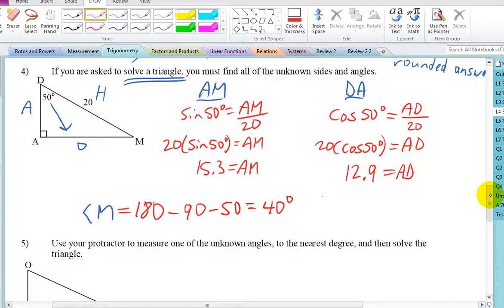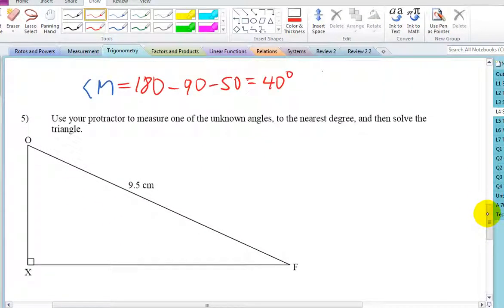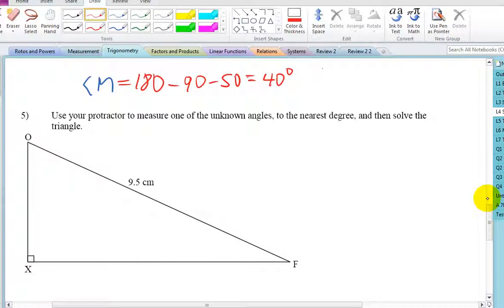All right. The next question says, use your protractor to measure. We can't actually do that. You know why? Because it doesn't have this written on there: this diagram is drawn to scale. You can't measure anything on a test unless you see that.